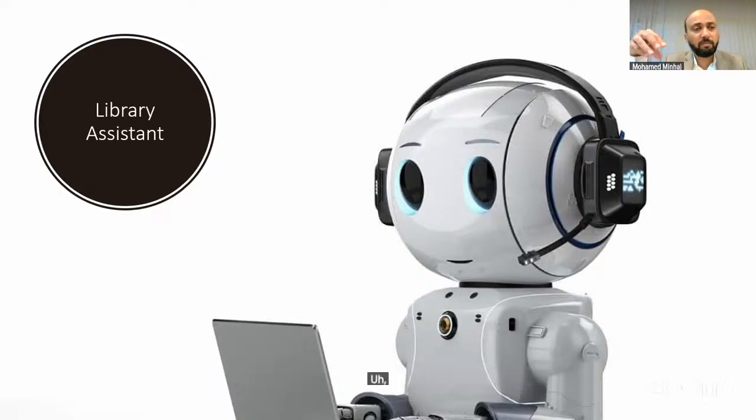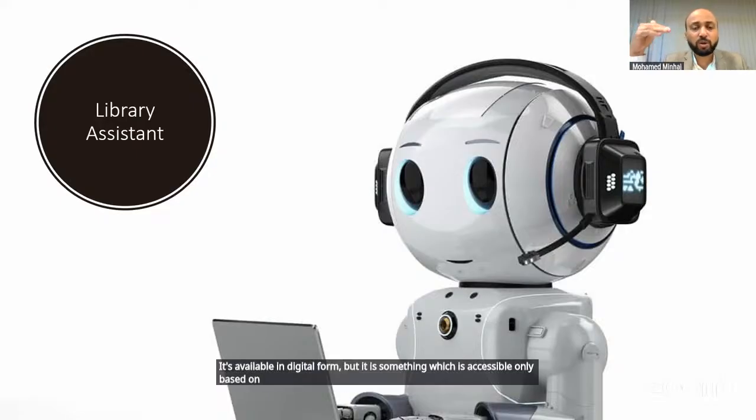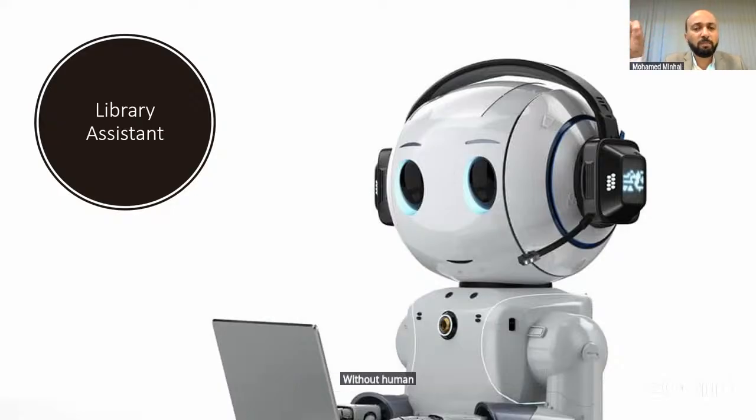It's available in digital form, but it is accessible only based on subscription, so you need to subscribe to it. These kinds of conversations can happen without human intervention, without me and you getting into the picture. This chatbot can do this task. So to do this, what exactly should we do? How do we go about it?